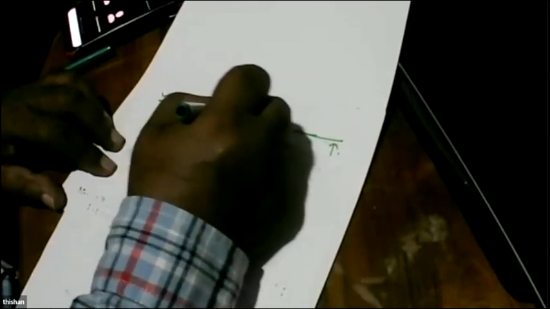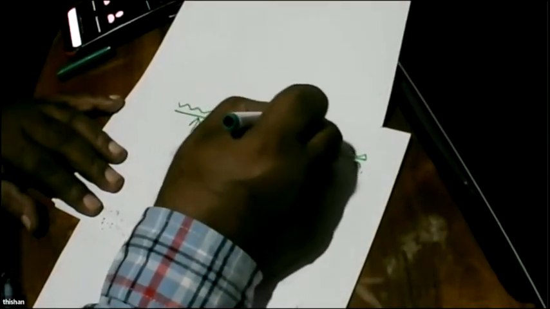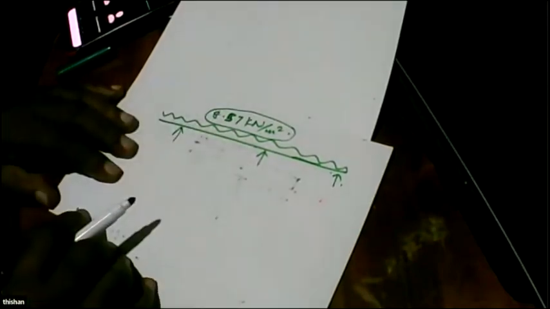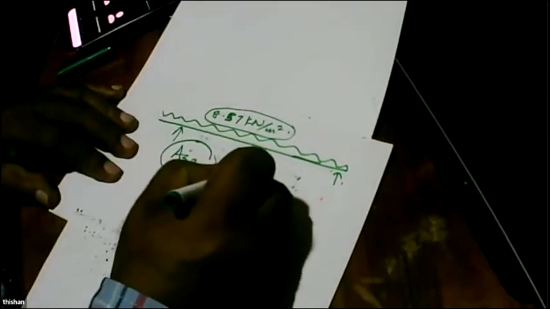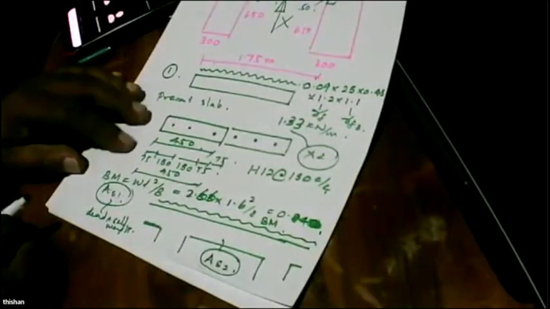For the live loads, it is continuous, and you are applying a load equivalent to 8.57 kilonewtons per meter square, equivalent. These are the loads, but equivalent, right? So for AS2, it is continuous, and for AS1, it is simply supported.